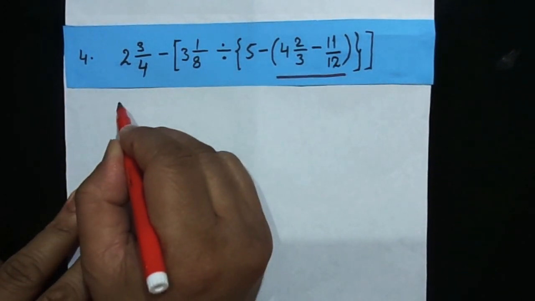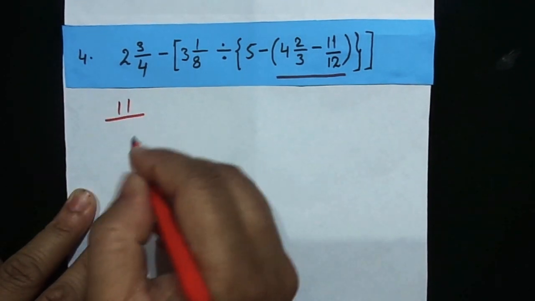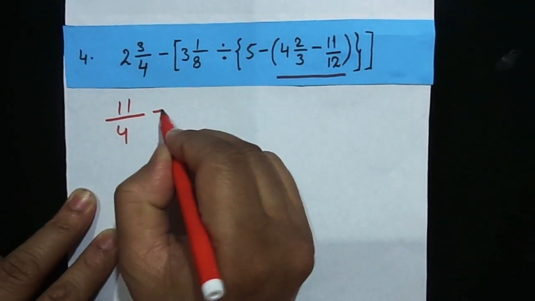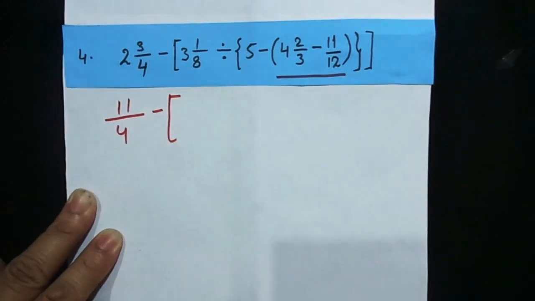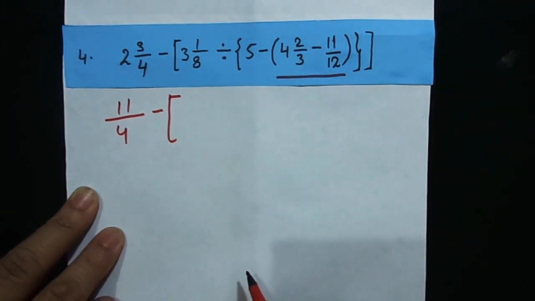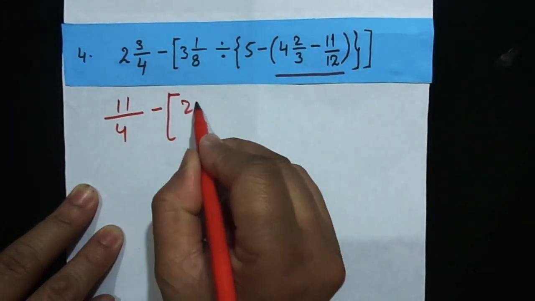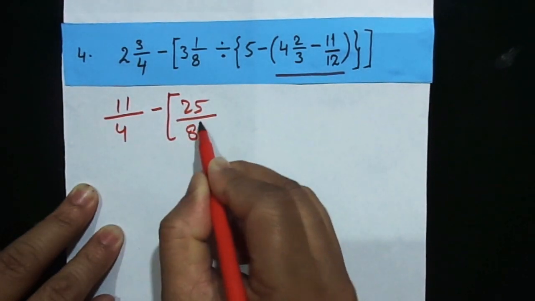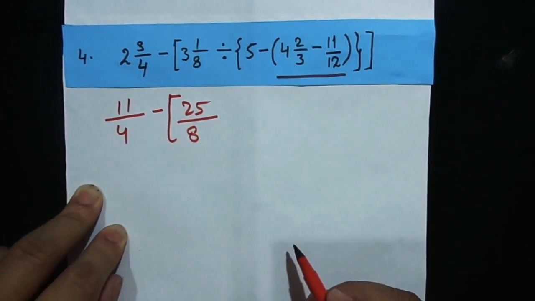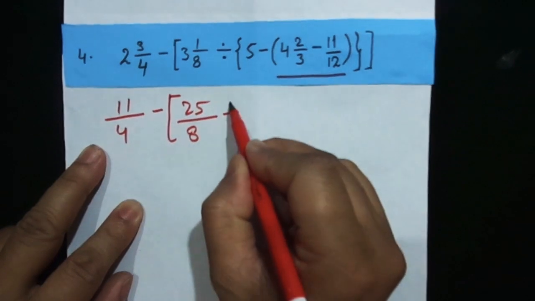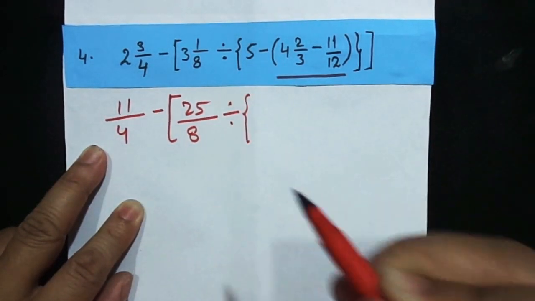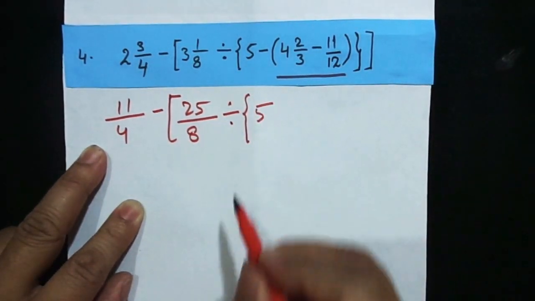We have 11 by 4 minus the big bracket, let me write big so that you can understand better, 25 by 8. I am changing all of them into improper fractions first, divided by this curly bracket 5.